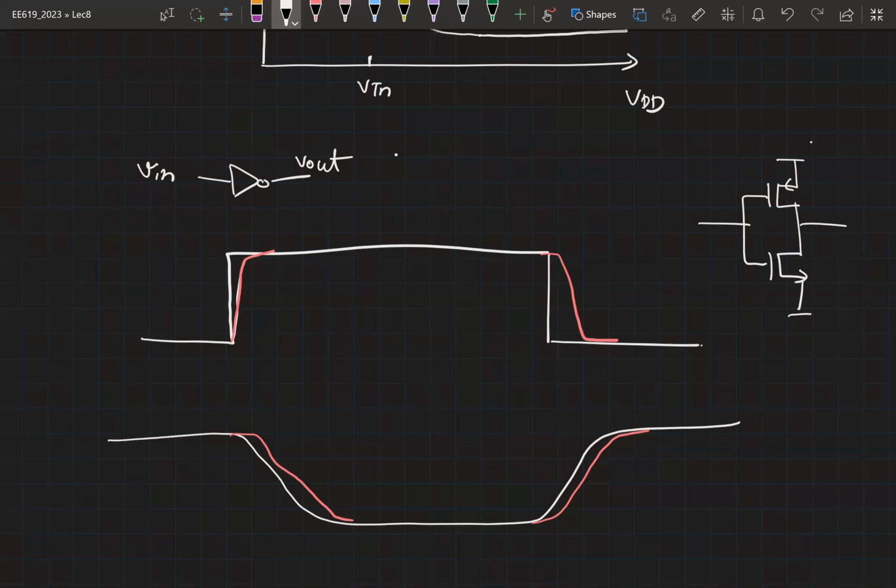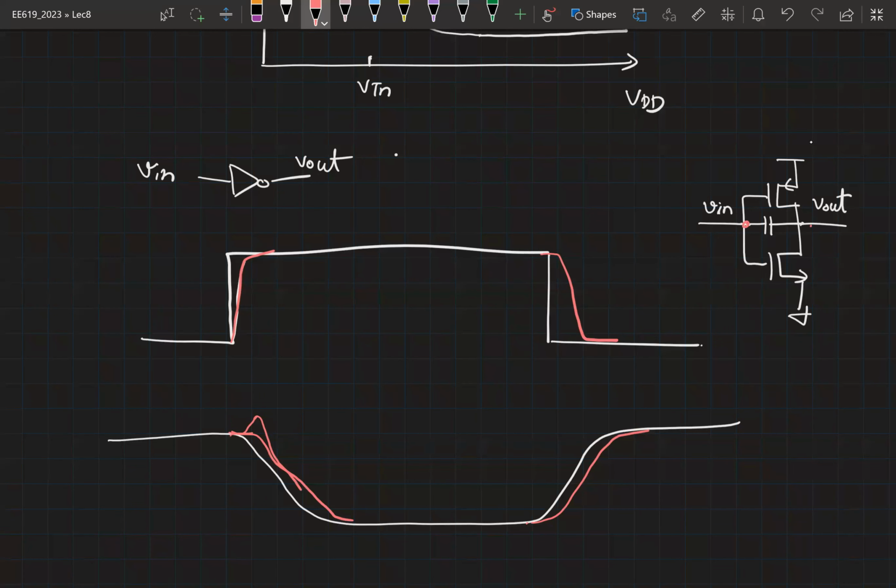So there is a CGD capacitance between the input and the output. Yeah, so you'll see coupling to the output, right? So when you have a rising edge here, your output will momentarily rise because of the coupling between the input and the output. So you'll see something going like this, and then the transistor action will take over, and then it will come down.